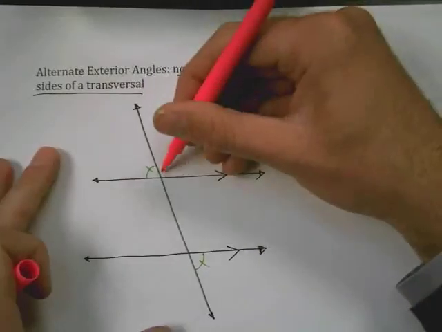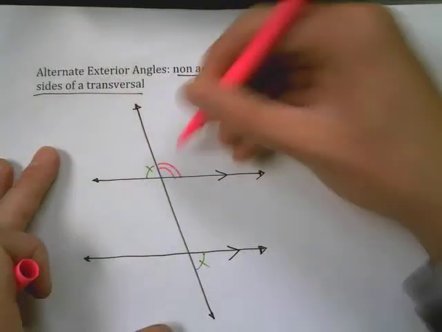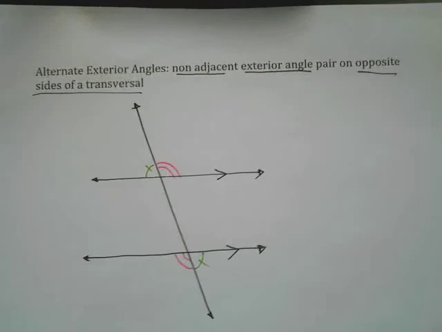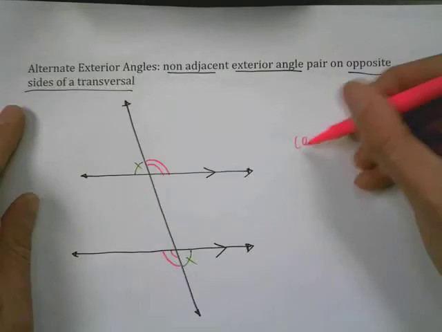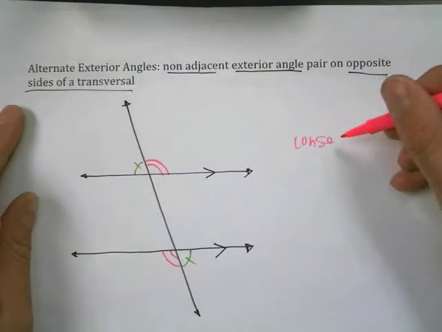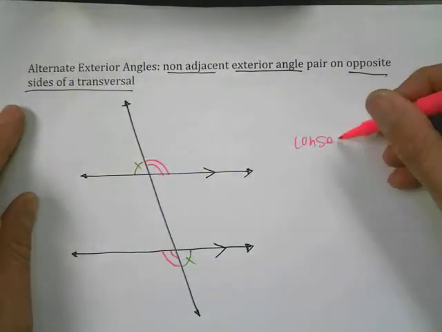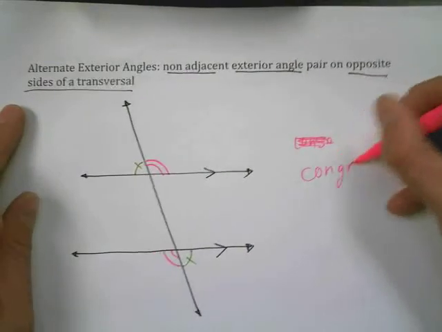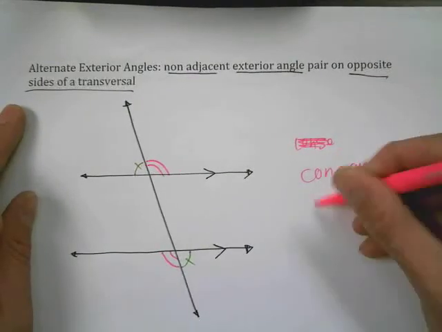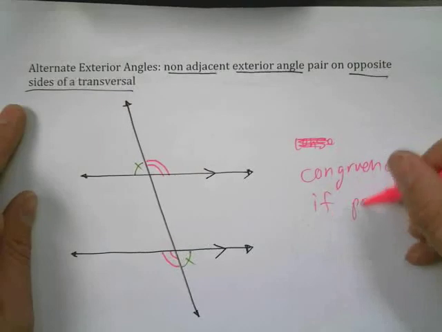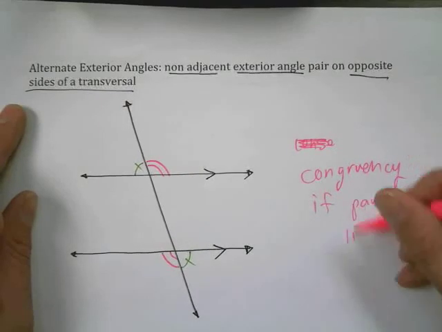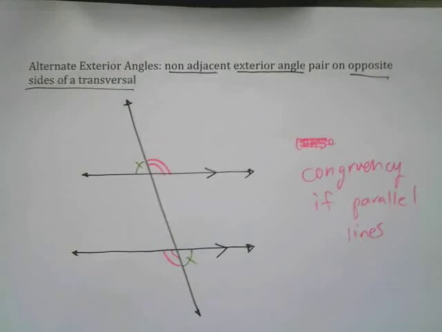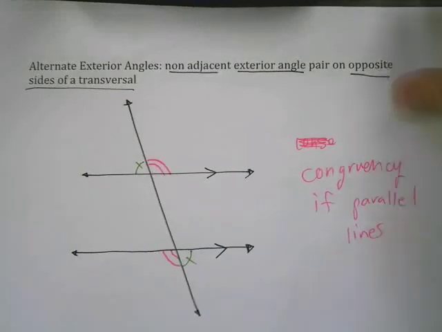So these two as well, the pink ones, are alternate exterior angles. The special property is congruency if parallel lines. My lines are parallel, so I know that these alternate exterior angles are congruent.